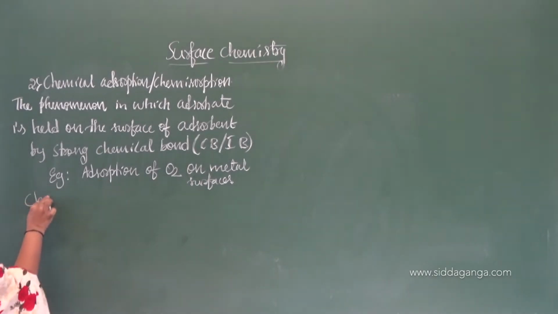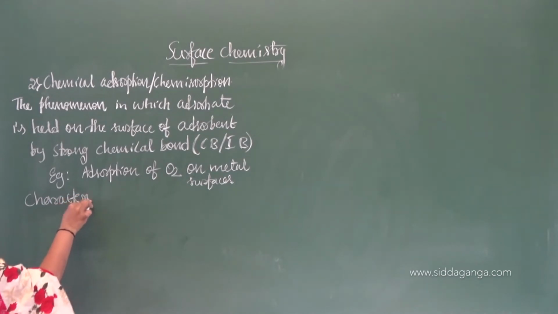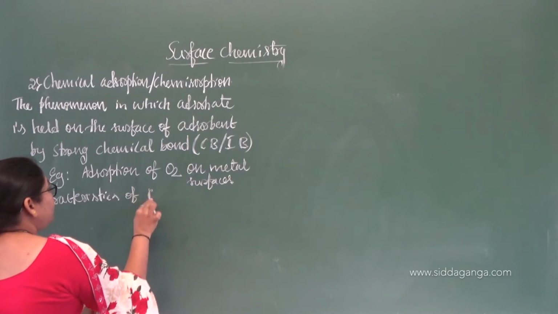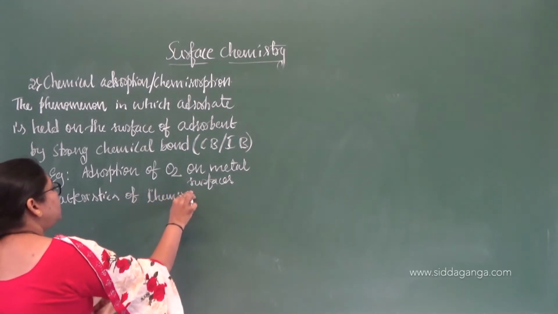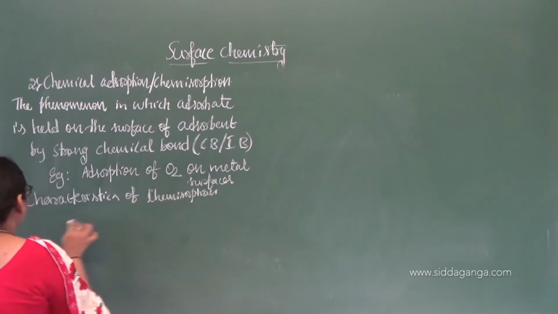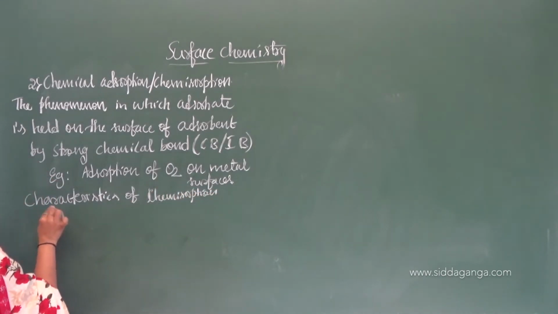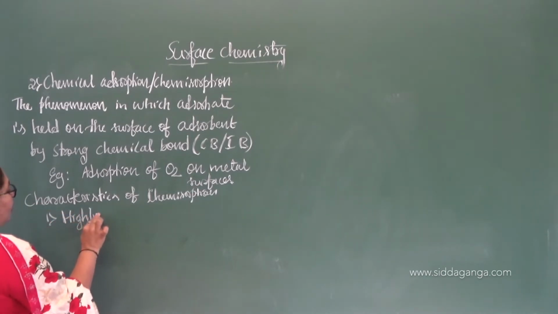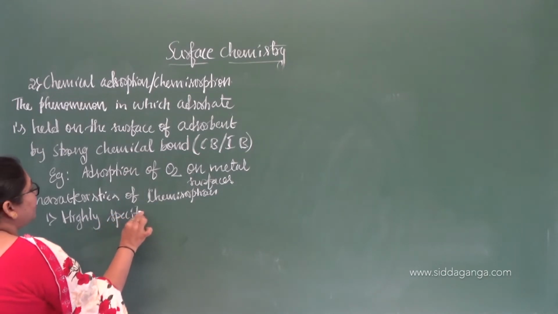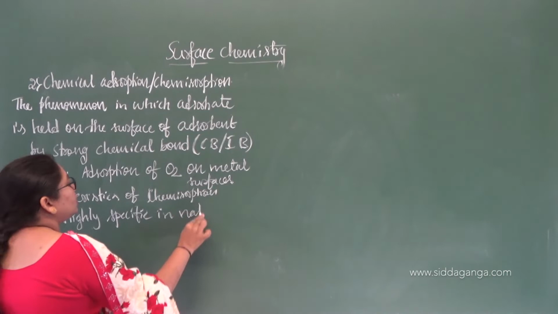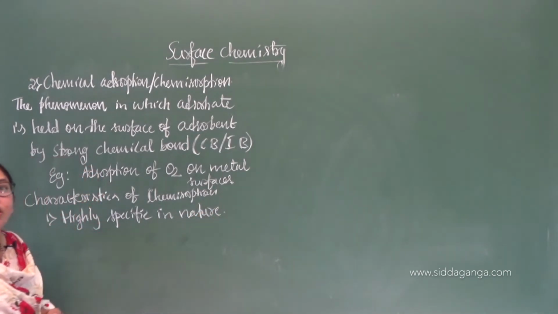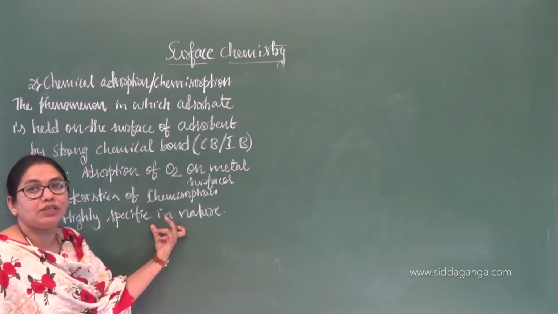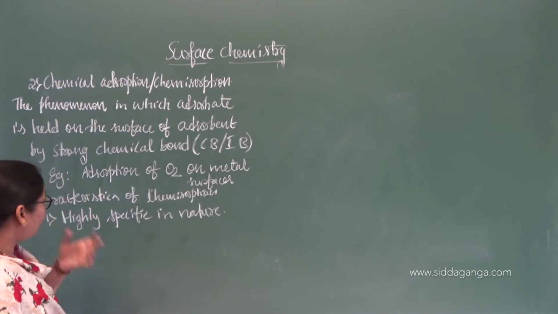Next, if you move on to the characteristics of chemisorption, the first one, likewise I am going to write here, is specificity. It is highly specific in nature. What is the meaning of this?